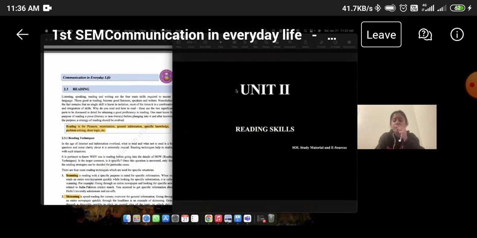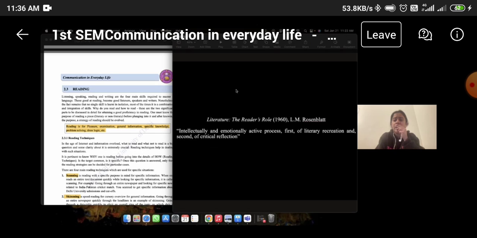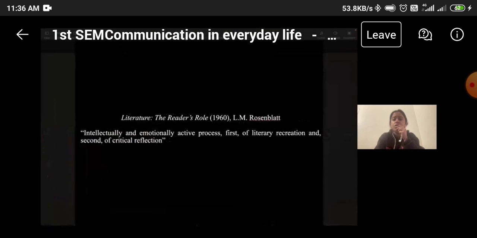etc. Now, coming to the other definition of reading that we have, which would lead us to a better understanding of reading, L.M. Rosenblatt in 1960, in her work Literature, The Reader's Role, says that reading is an emotional and intellectual process, actively applying your emotions and intellectual abilities to understand a work.